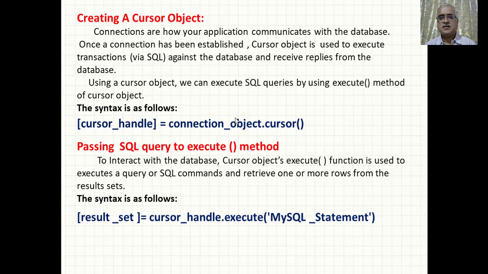Once this cursor method is executed, it will return a cursor handle, and by using this cursor handle we can execute any MySQL statement by using the execute method along with this cursor handle. Once this execute method is executed, the result from the database is stored into the result set.